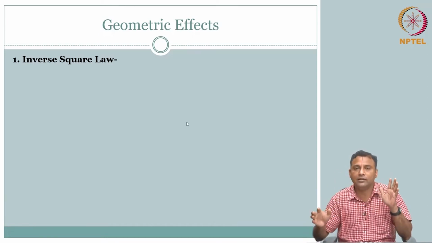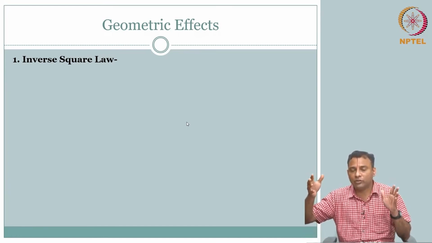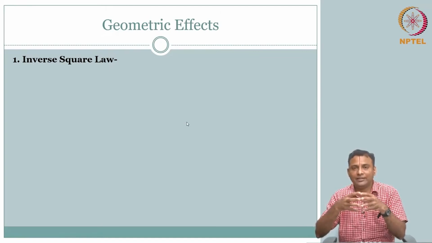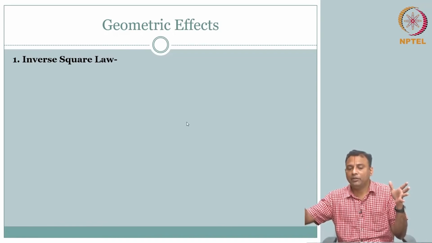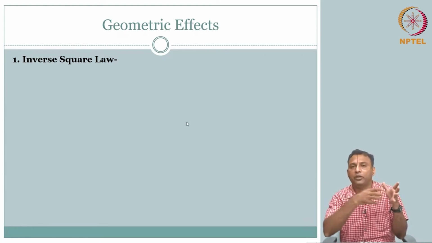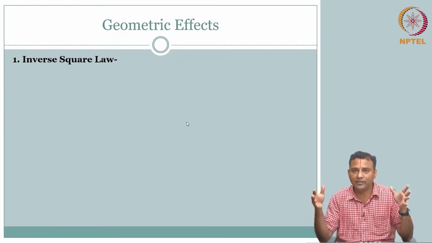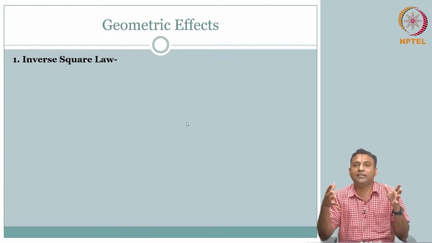So here we are talking about what the effects are. You have a system, some instrumentation that is capturing this f of x y, or transforming it to g of x comma y. What we mean by geometric effect is, because of the setup that is trying to capture, are we seeing any effect on g of x comma y, not because of the fundamental f of x comma y, but because of the geometries that are involved.